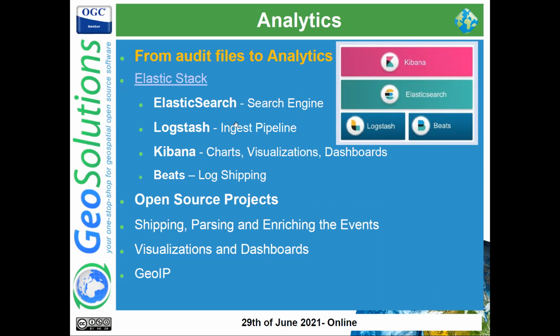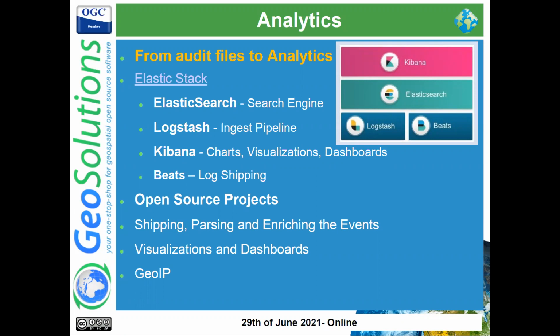Logstash is the ingest pipeline. It's used to ship logs to Elasticsearch, as well as parsing and enriching the logs. And we will look at an example of this in a moment. Kibana is the visual part of the stack. Kibana is a web application where you can create charts, visualizations, dashboards, and so on, based on the data that you have ingested in Elasticsearch.